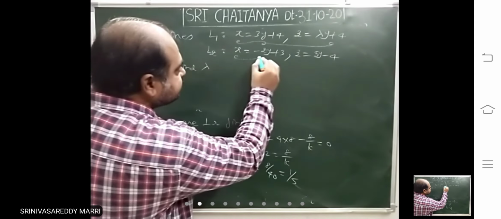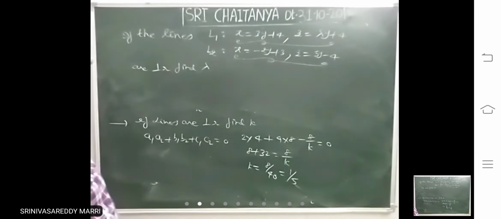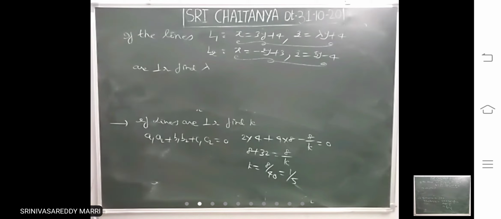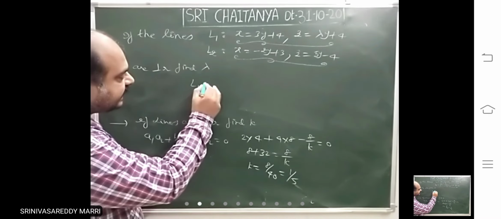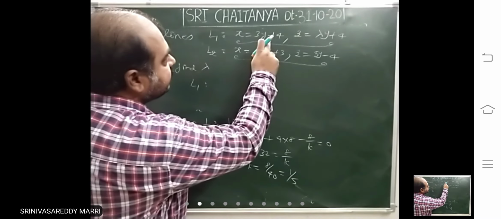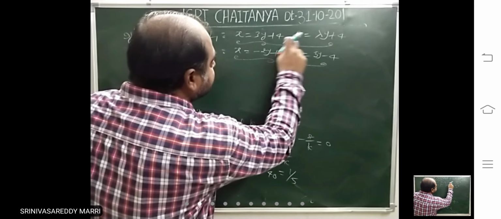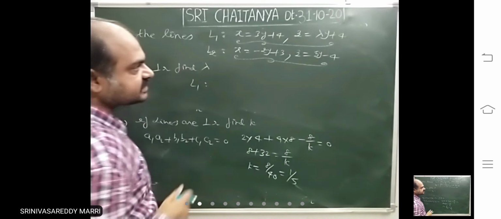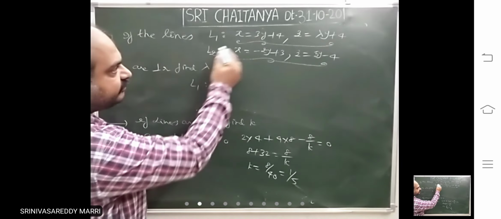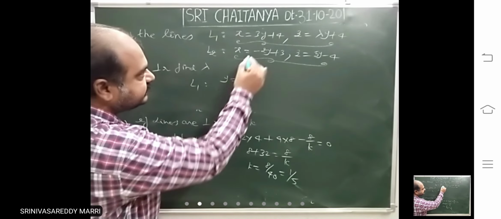Line 2 means these both equations. Line 1 is not given in standard form. For converting L1 into standard form, look at these two equations, the common variable is y. We will convert into standard form like this.